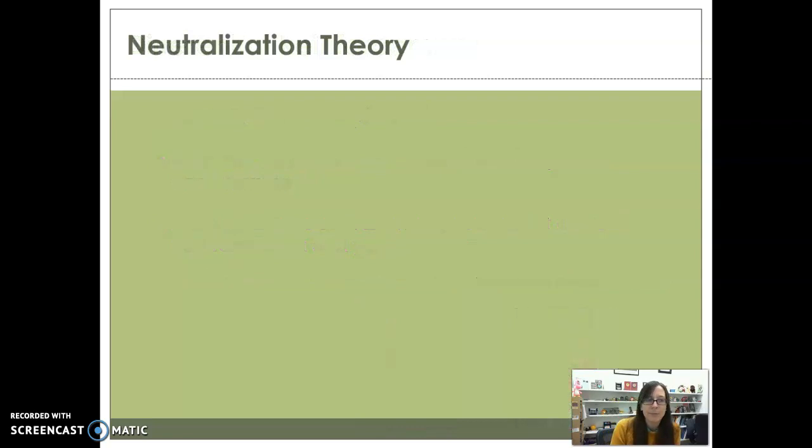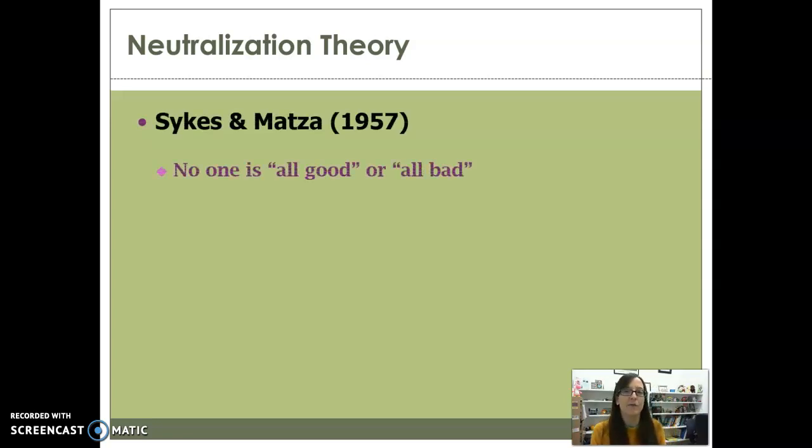Then neutralization theory is Sykes and Matza in '57, and they basically start off with the idea that nobody is all good or all bad. Even the most committed criminals are not committing crimes all the time. They spend most of their days not committing crimes.